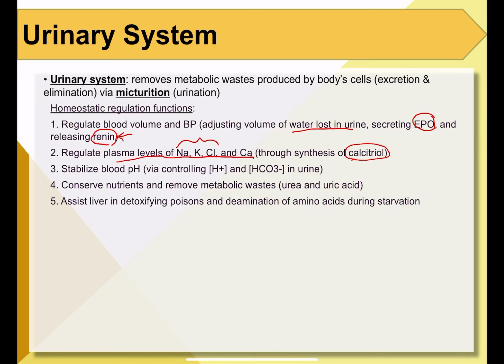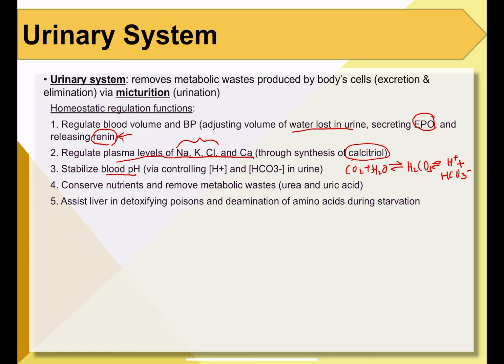It also helps to stabilize blood pH, which we have slightly talked about in the last chapter for blood vessels, and in the respiratory system too, when we were talking about how your blood can carry carbon dioxide. And I mentioned that there are reactions that have to do with your acid-base balance, with CO2 plus H2O in equilibrium with carbonic acid, which would then dissociate into hydrogen ions and bicarbonate ions.